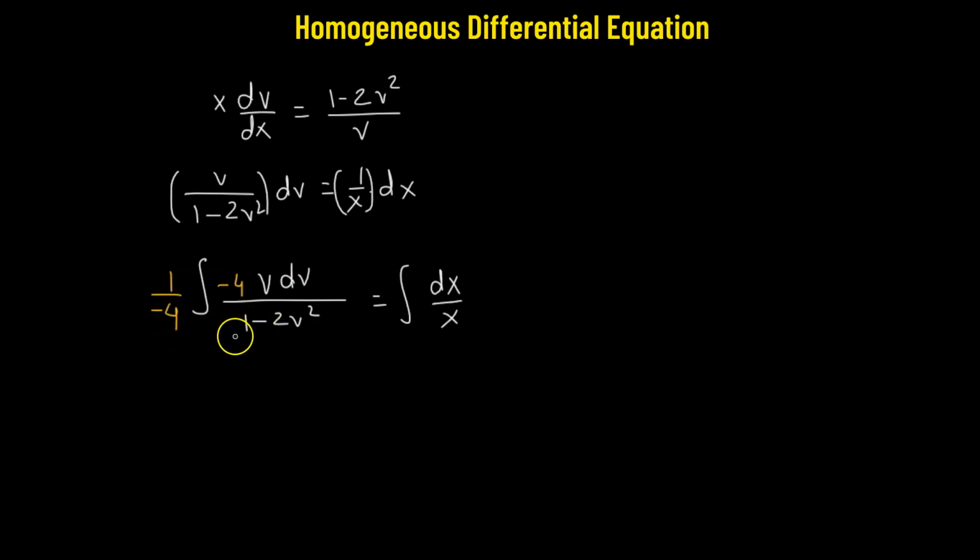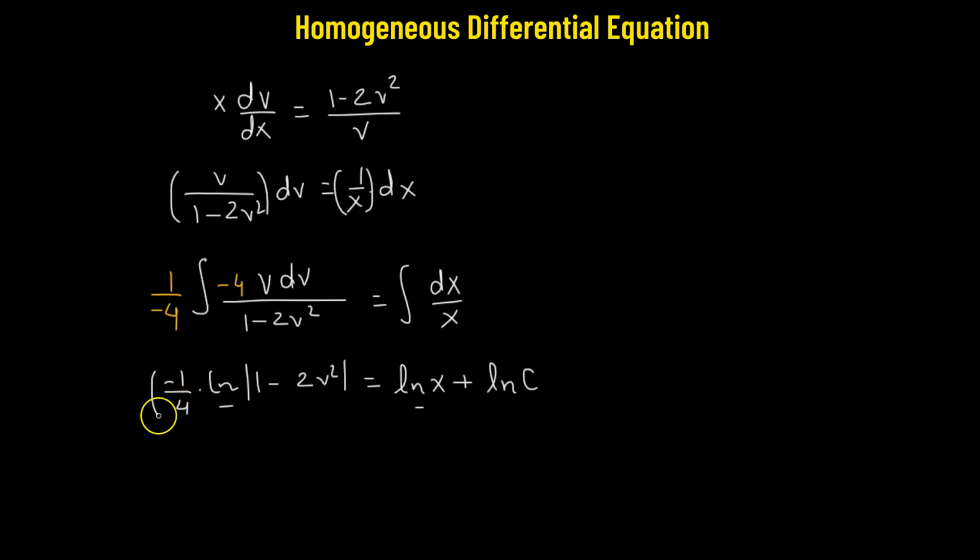This is done so that when we use the method of substitution, 1 minus 2v squared equals some other variable, it's going to give us the factor -4 in the numerator. So this means we will have -1/4 times the natural log of 1 minus 2v squared, and this will equal the natural log of x plus the constant of integration, natural log of c.